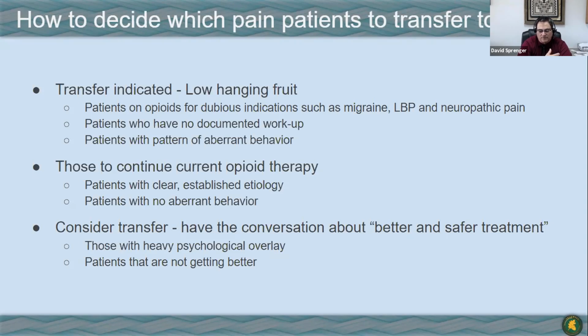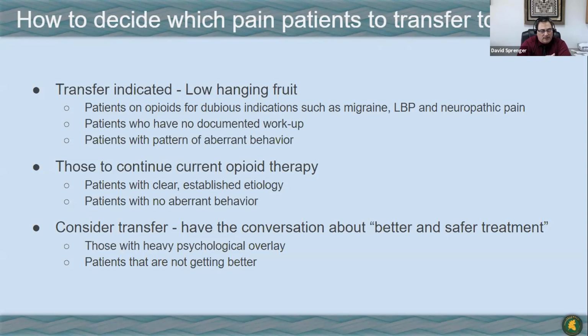Opioids aren't first-line treatments for a lot of things that people are taking them for. Low back pain, basic low back pain without surgery.